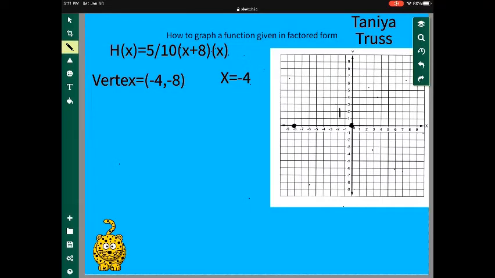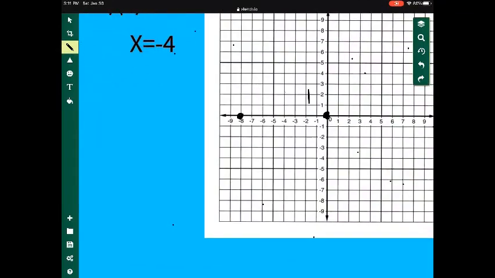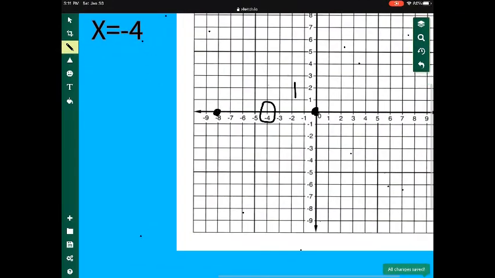All right? So we're going to graph our vertex, which is the middle point between -8 and 0, and that is -4, -8. So we're going to go to -4 right here and go down to -8, which is right here.